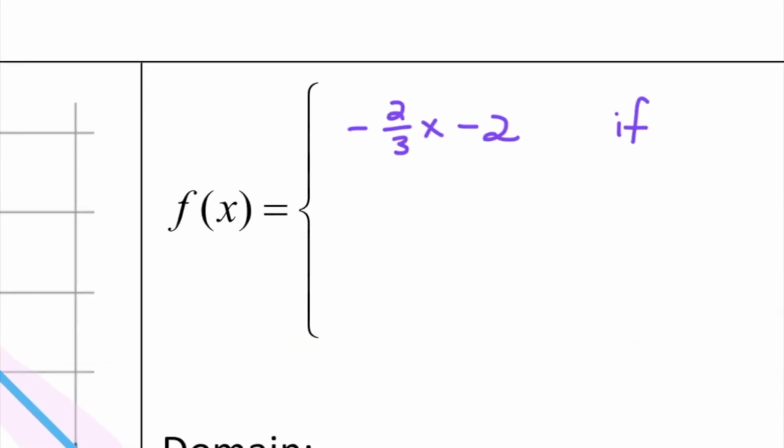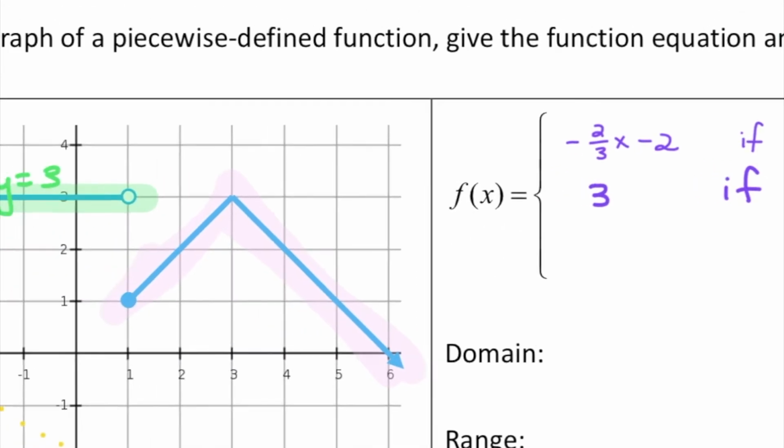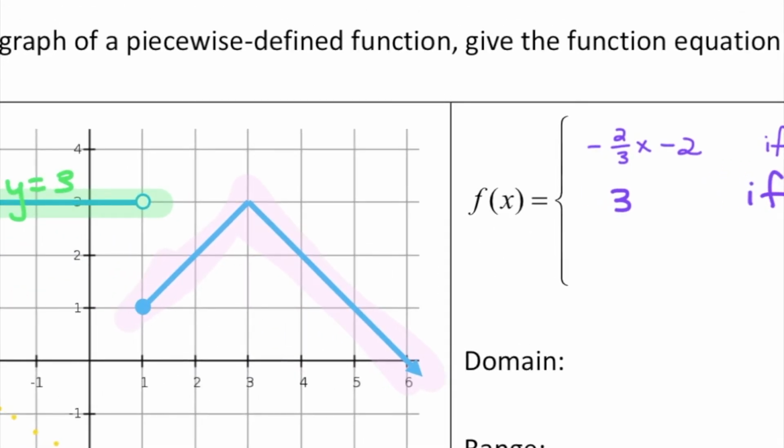And so that's going to be a 3 right here, and we can fill in the restrictions in a minute. And this last one is an absolute value function, and the vertex of the absolute value is shifted to the right 3 and up 3, and there's a flip.